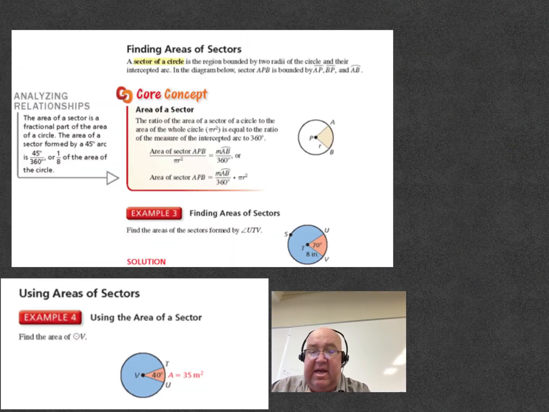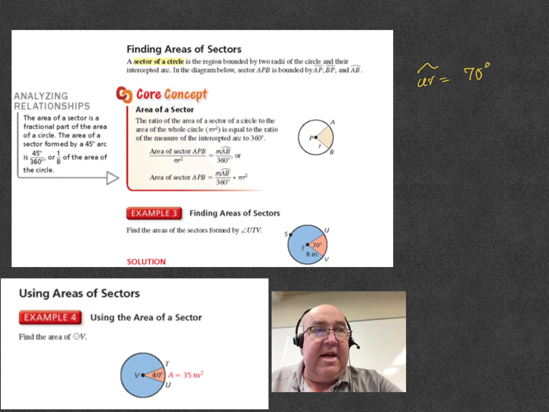So here we're going to have sectors of circles. Again, we're going to use that same type of ratio we used before and figure these out. So number 3, we know that UV is equal to 70 degrees.